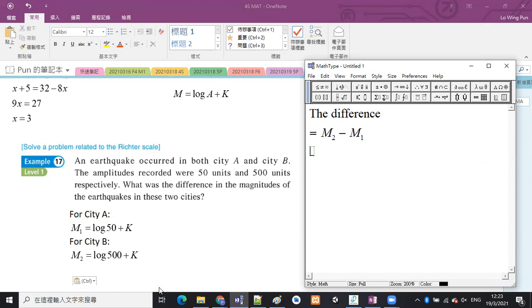And then M2 can be expressed as log 500 plus K, minus M1. M1 will be expressed as log 50 plus K. Okay? And then when we remove the brackets, you'll find that the K and the K will be cancelled by each other.